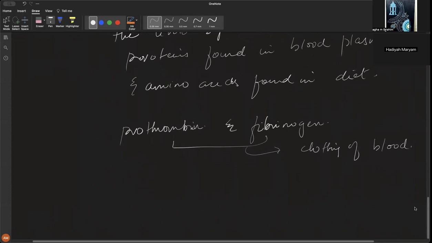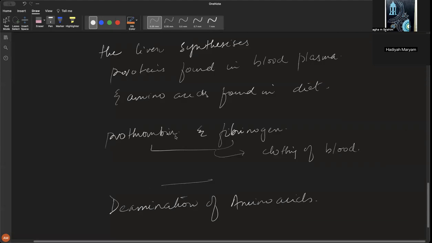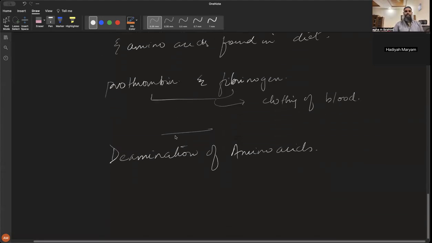Right? The next one is an important one, deamination of amino acids, a very important part. So deamination of amino acids, right?